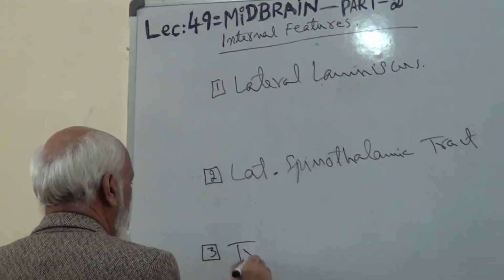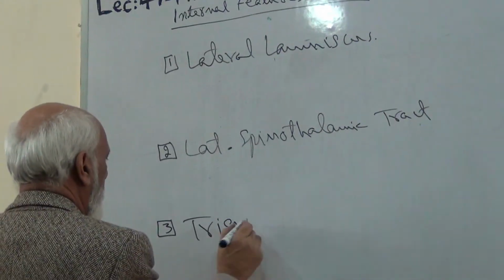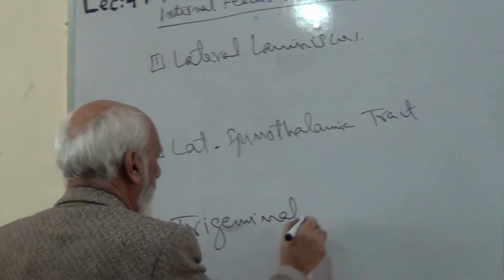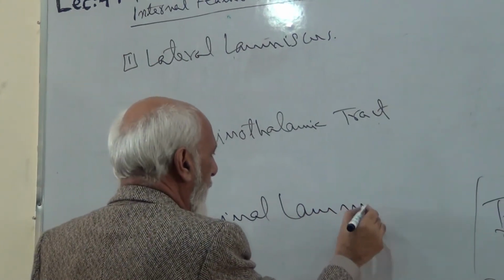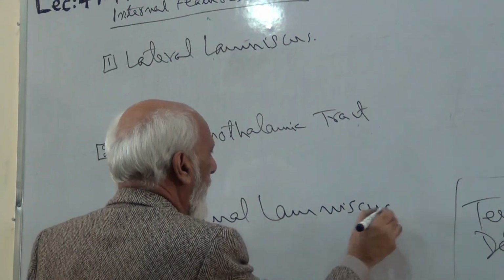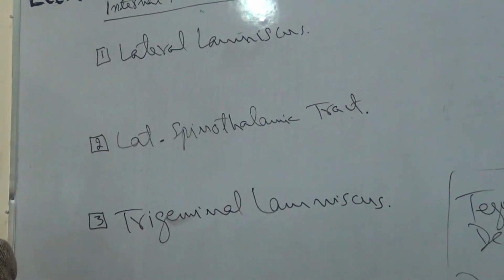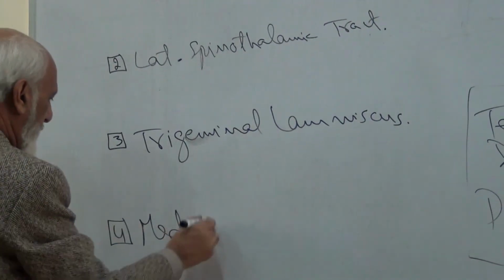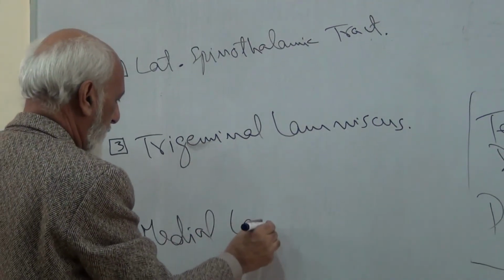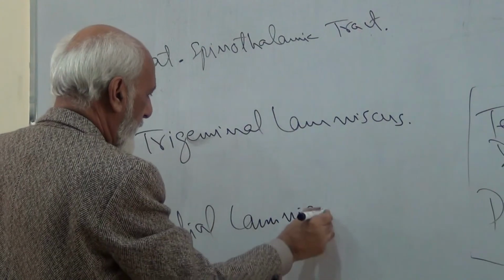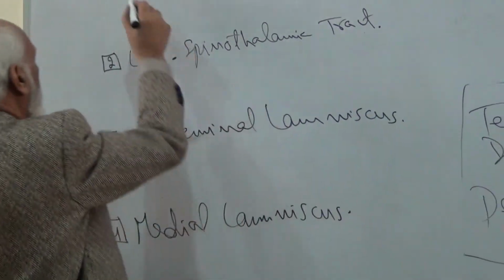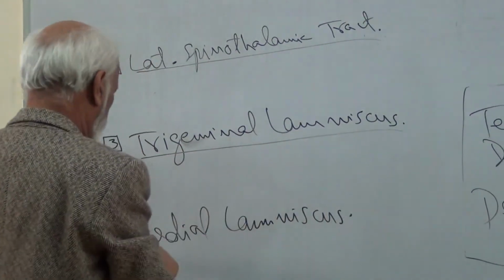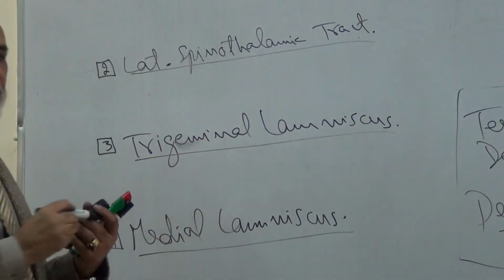Then there is the trigeminal lemniscus, and the 4th one is the medial lemniscus. So these are the 4 lemnisci, or ascending sensory tracts, located in the tegmentum of the midbrain.